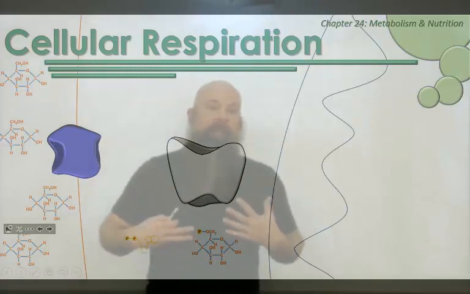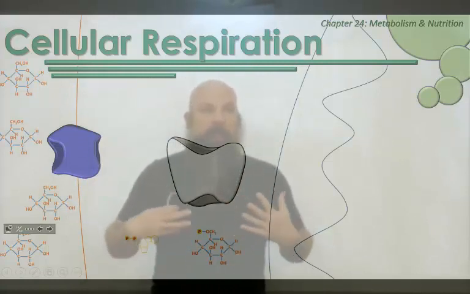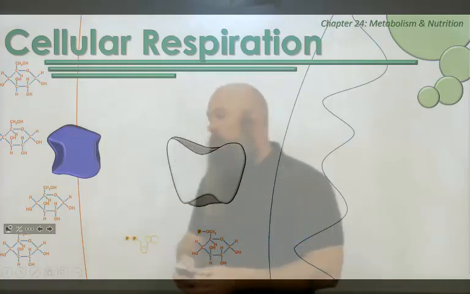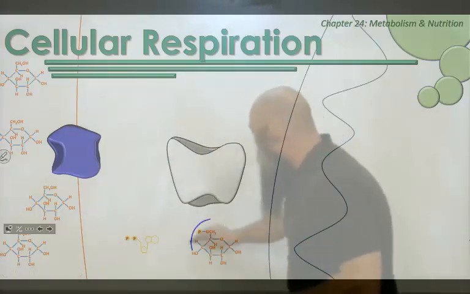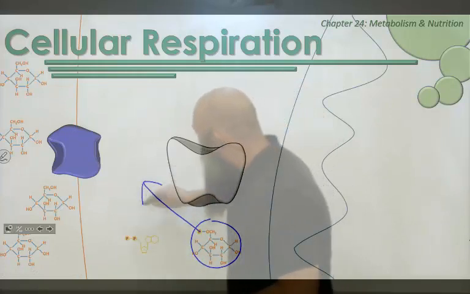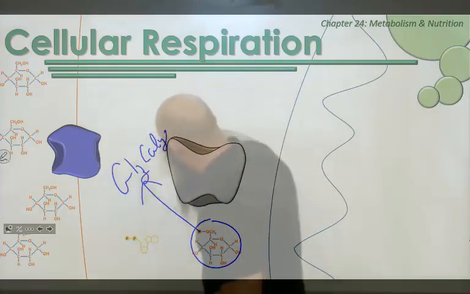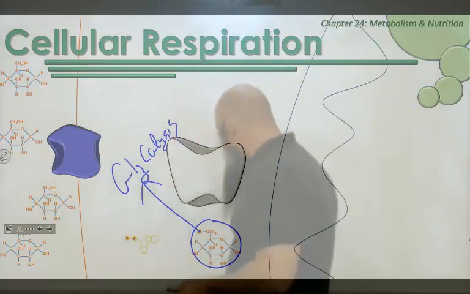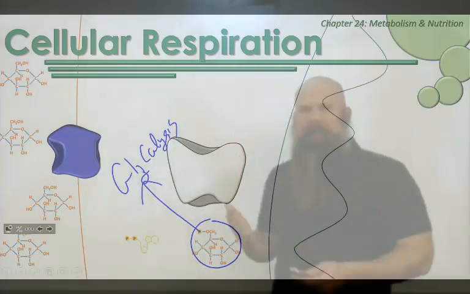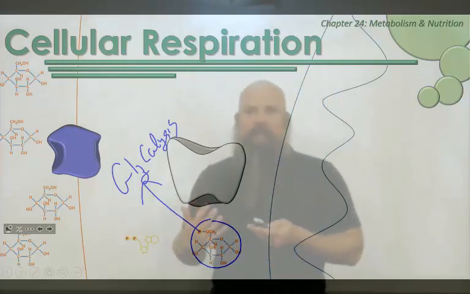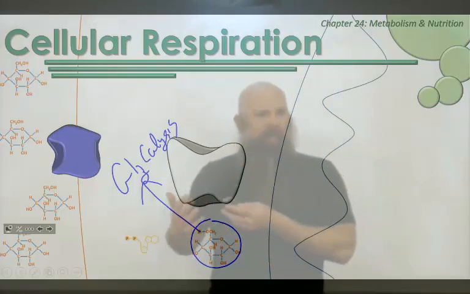If the cell is being metabolically active, if the muscle fiber is contracting, using ATP energy, that glucose 6-phosphate is going to head directly into glycolysis.